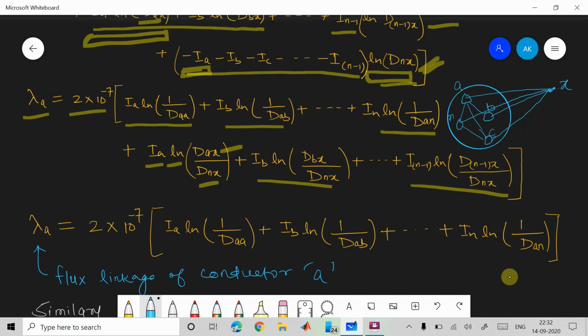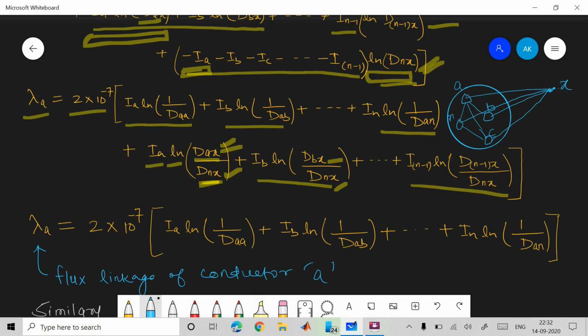So this ln dAX by dNX, dBX divided by dNX. Okay, these two terms, that is the numerator and denominator, are comparable, meaning these two terms can be assumed as equal. Therefore you will get ln 1. So what will be the value of ln 1? 0.